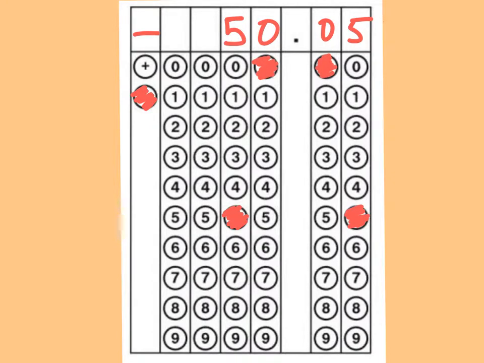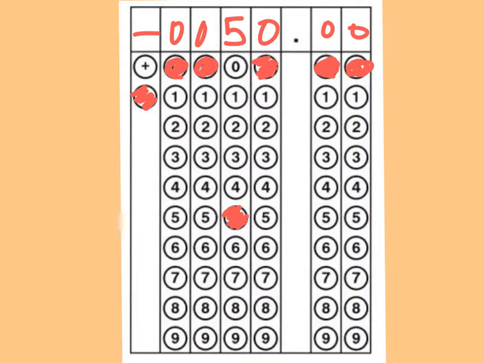Let's also now talk about preceding or leading zeros. So we agree this is negative 50. We also agree that this is still negative 50. Great. Well, what's this answer? Isn't this still negative 50?